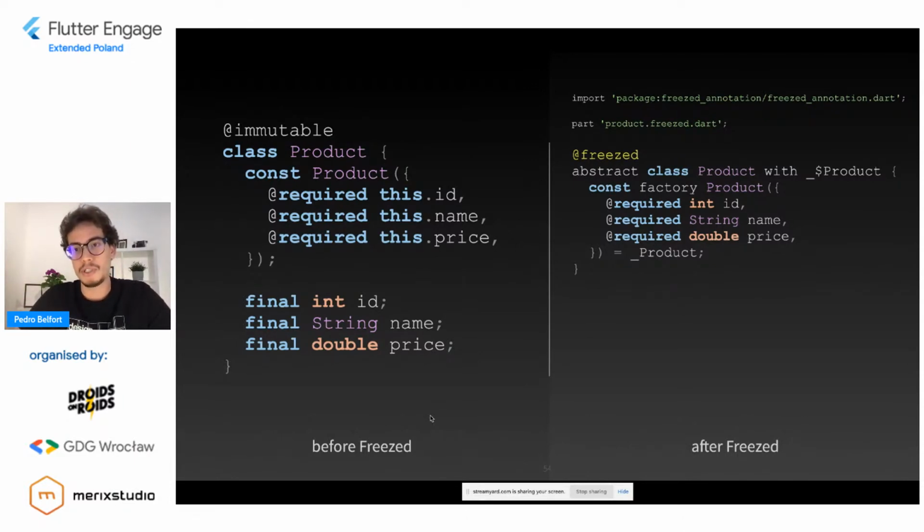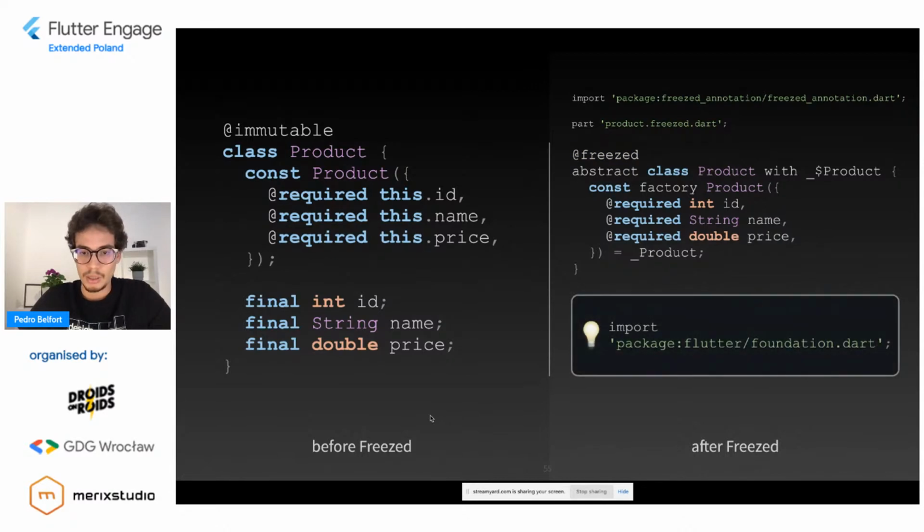You have to import the Freezed annotation and write part 'product.freezed.dart'. If you do all this and then run your build runner, it's going to generate code for you.